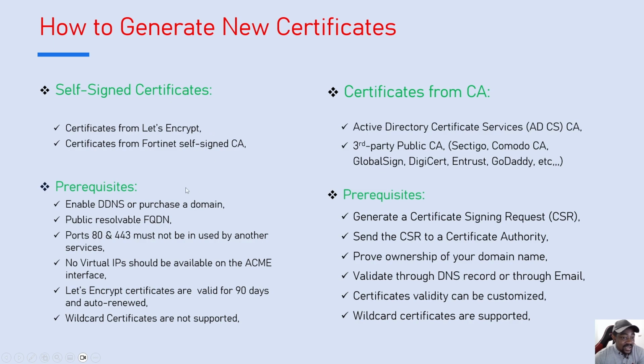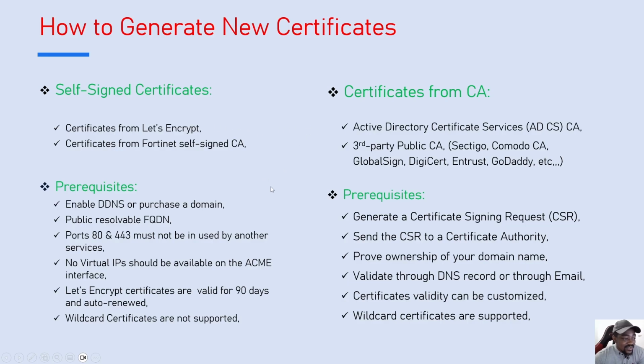Wildcard certificates are like, for example, you have a domain like example.com, and you want to generate a certificate that will be used by any subdomain of example.com. Let's say you want to use the same certificate for secure communication for subdomains like training.example.com, vpn.example.com, anything.example.com.